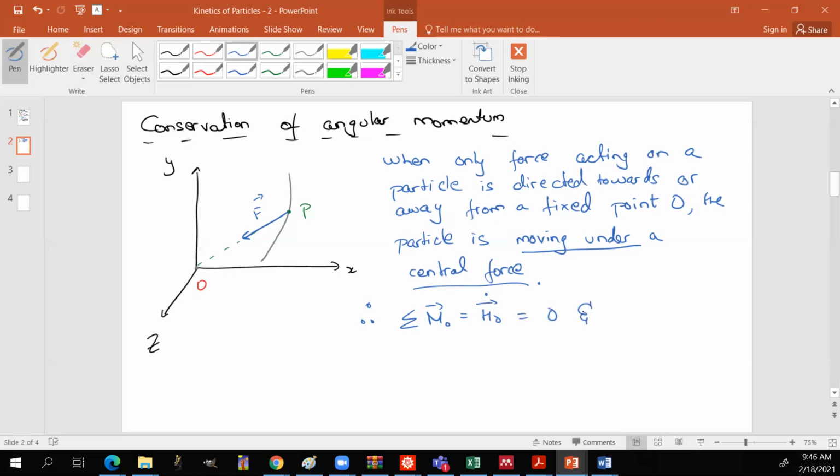So that means that your angular momentum about that point O will not change with respect to time. So what that means is that r crossed with mv, this angular momentum, is going to be a constant. So let's refer to that as equation number 4.